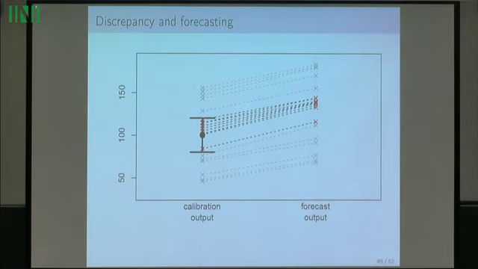But if I incorporate discrepancy and don't think about the relationship between these errors, then it gets a bit odd, because now what you're saying is I should also pay attention to this output here, because when I run that model, I get an output which isn't actually that close to the observation. It seems a funny argument to incorporate that output value in my forecast set if I've not thought carefully about the relationship between the discrepancies, between errors in the calibration outputs and in the forecast outputs as well.